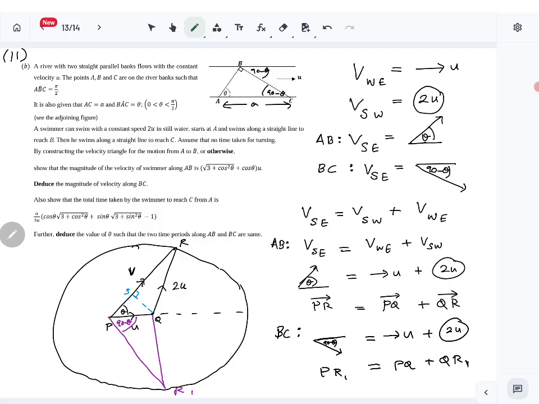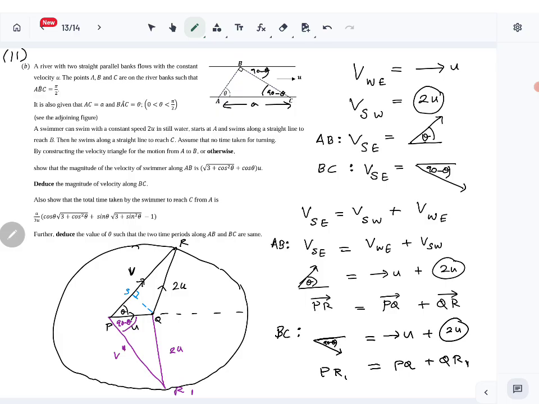And this is going to be R1. So we have to figure out this one. Let me label this as V dash. Wait, not that one. That is 2U, sorry. We need to find this one, V dash, PR1.